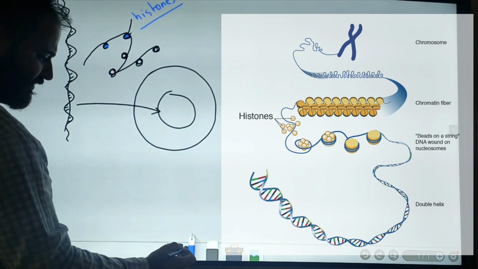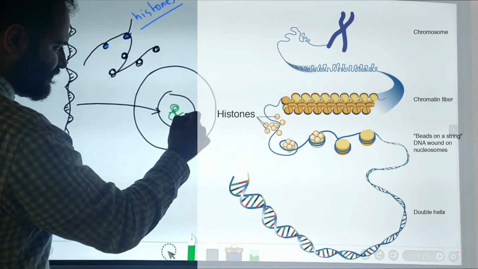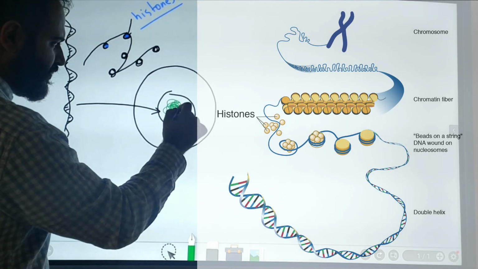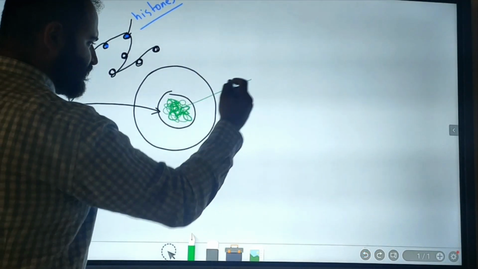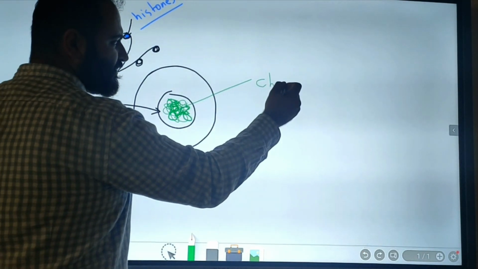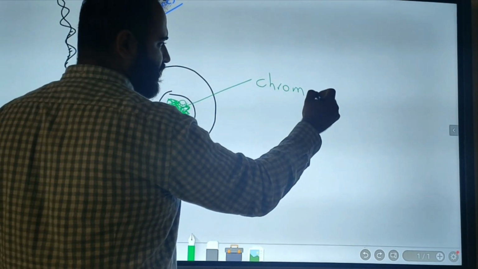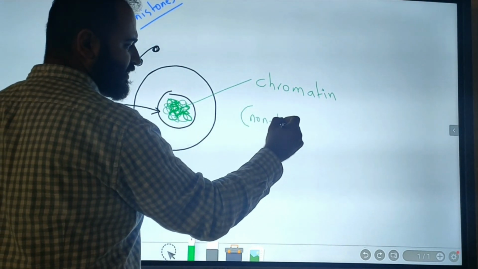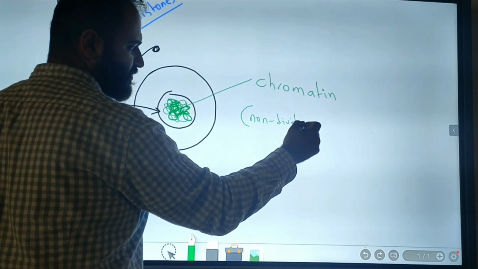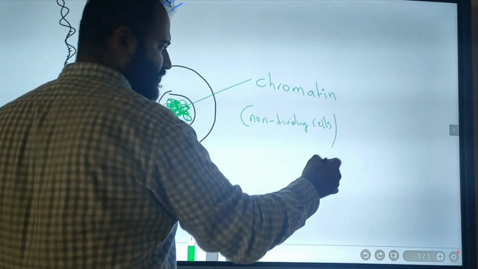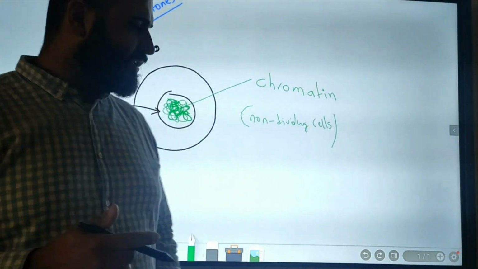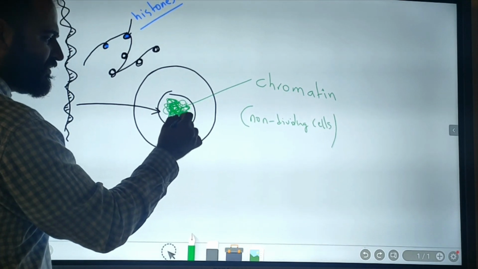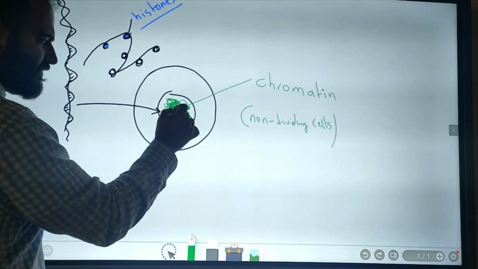As a result, the structure that is formed is random. We call it the chromatin. So this is how DNA looks in cells that are not dividing. Cells that are not dividing have their DNA arranged as chromatin with a dense region inside the nucleus called the nucleolus.